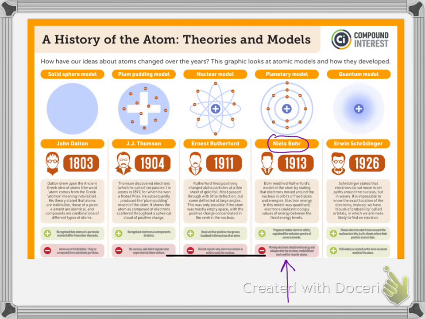Bohr's model worked very well for the hydrogen atom, which has only one electron. But in the progression of starting to look at helium and other elements, this model would not predict or match what we saw for other elements.